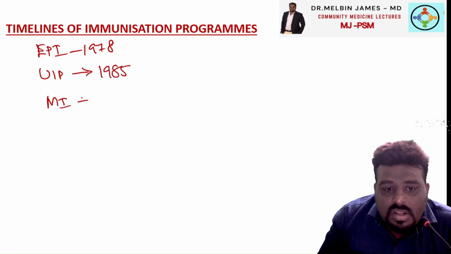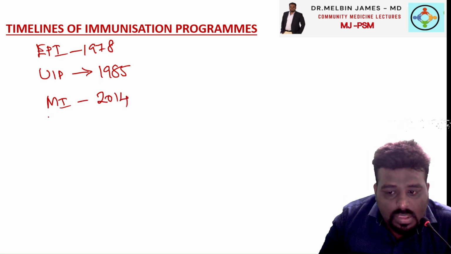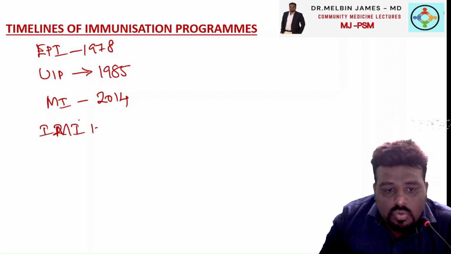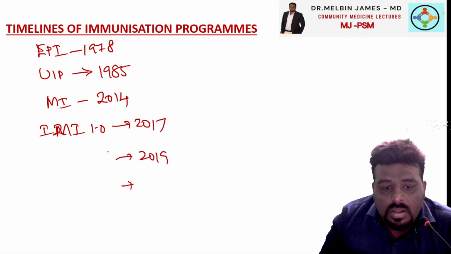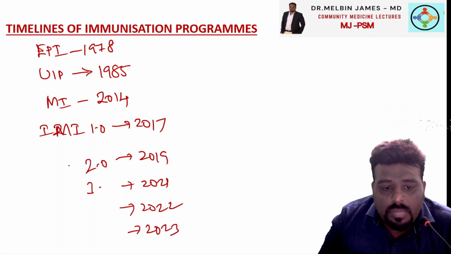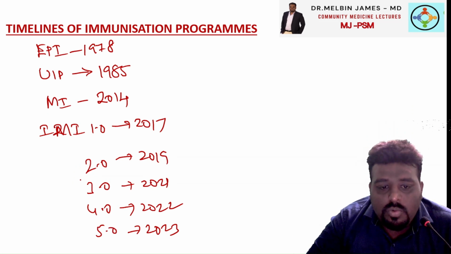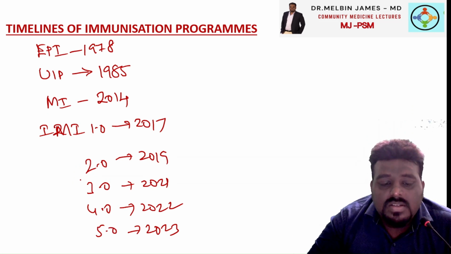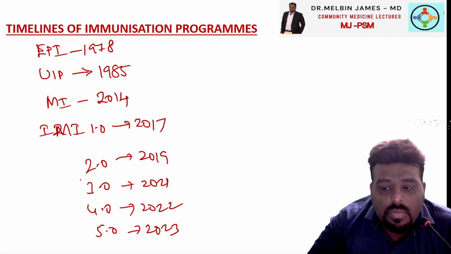Then Mission Indradhanush in 2014, and then Intensified Mission Indradhanush 1.0, 2017, 2019, 2021, 2022 and 23, with 3.0, 4.0, 5.0. I know it is like an Enthiran movie, 2.0, 3.0. I will tell the differences in how Intensified Mission Indradhanush has evolved.